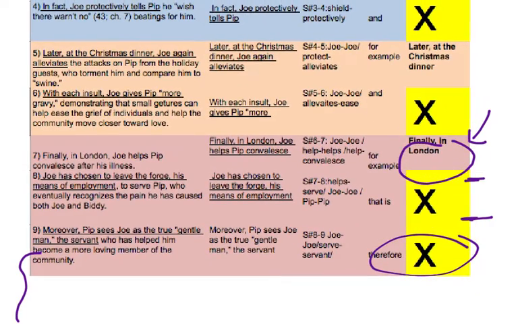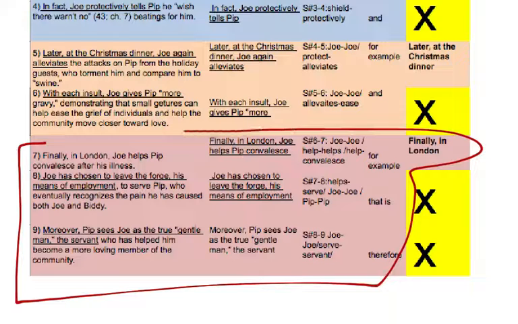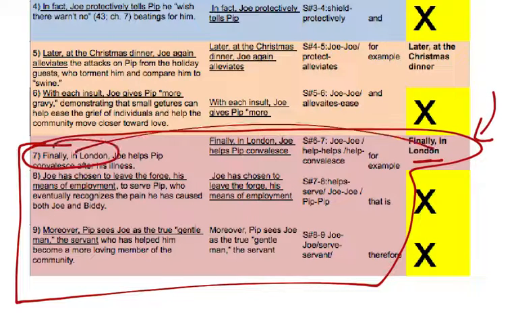Okay, so again, these are three different places where we've decided that these chunks of evidence group themselves. And the key, remember, is to place this transitional language. It goes at the beginnings of these sentences. So we place later at the Christmas dinner.